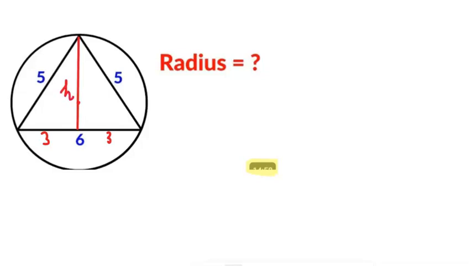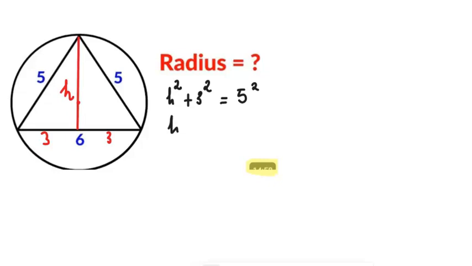h. Okay, now if you use the Pythagoras theorem here, remember the Pythagoras theorem states that the square on the hypotenuse is equal to the sum of the squares of the other two sides. Okay, so using the Pythagoras theorem here, we get h squared plus 3 squared is equal to 5 squared, right?